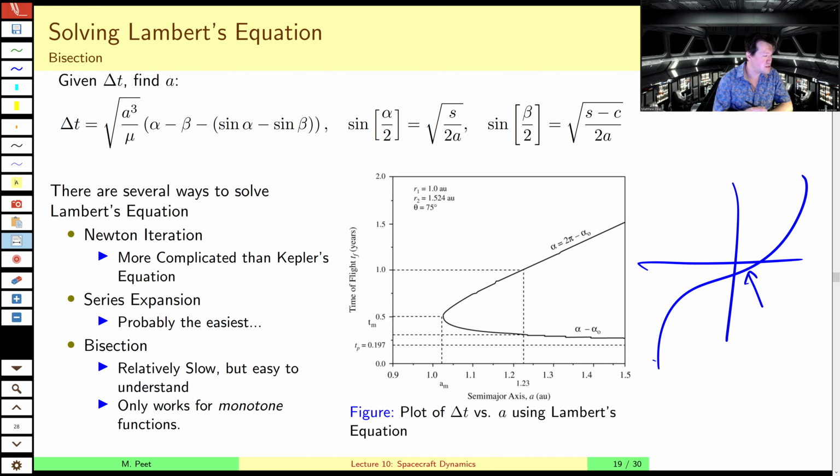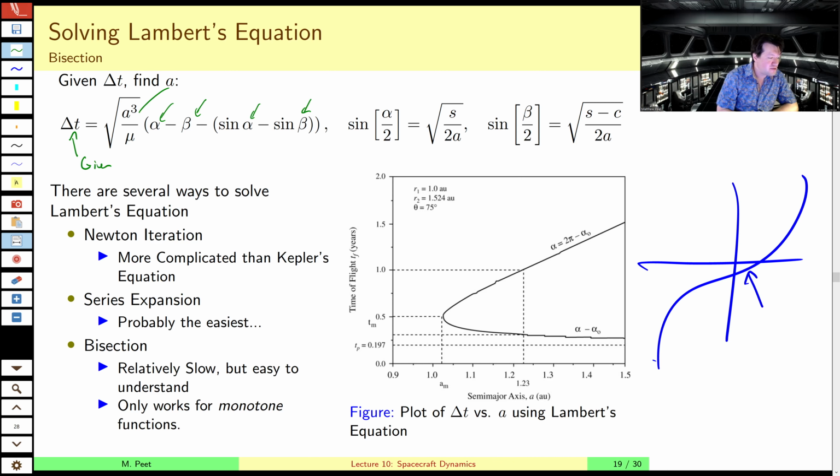All right, so given the limitations, let's recall what the problem is. The problem is I'm given the delta t and I want to find the A, which is buried here, here, here, here, and here.